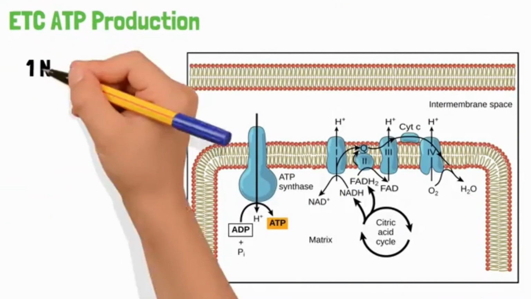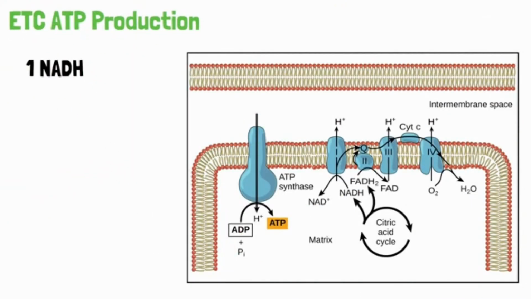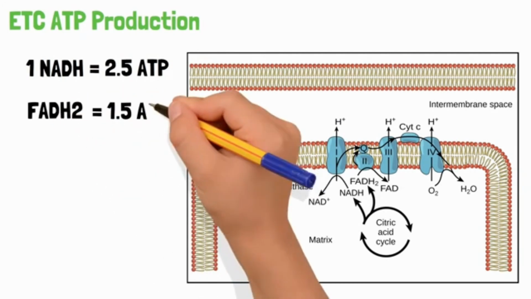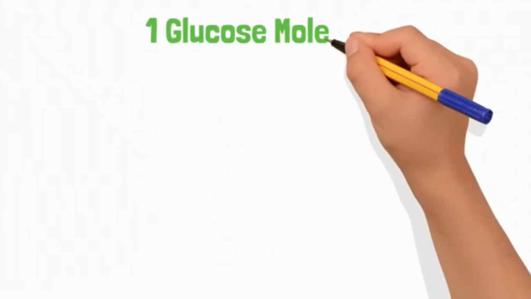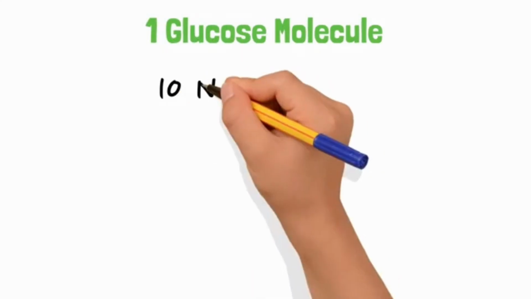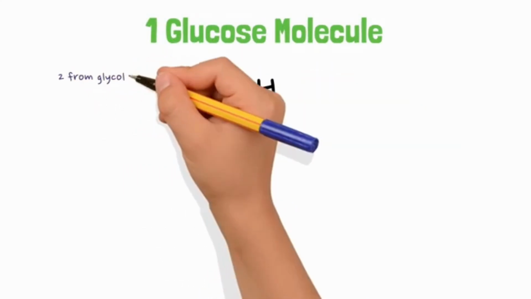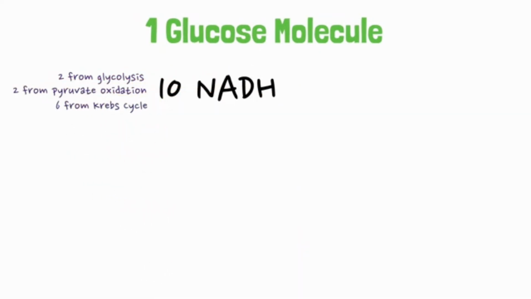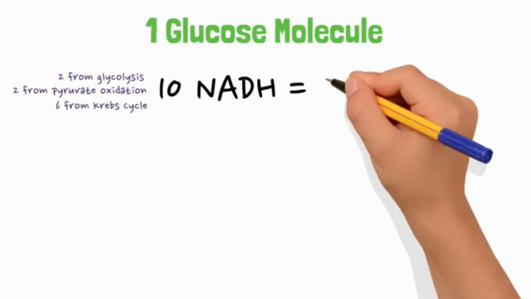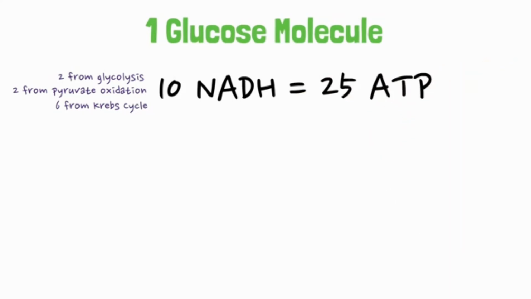For each NADH that goes into the electron transport chain, we get approximately 2.5 ATP out, and for each FADH2, we get 1.5 ATP out. Looking at our totals for a single glucose molecule, we have 10 NADH, 2 from glycolysis, 2 from pyruvate oxidation, and 6 from the Krebs cycle, which yields approximately 25 ATP in the final step of oxidative phosphorylation.